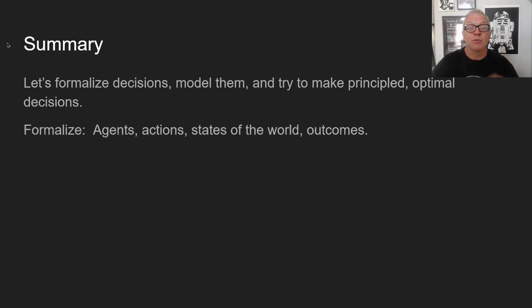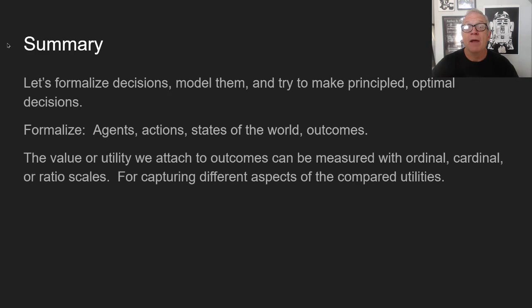So we're going to formalize with agents, actions, states of the world, and outcomes. That's how we're going to draw those matrices. And the value of utility, or utility we attach to outcomes, can be measured with different scales. Ordinal and cardinal will be the ones we'll typically use. And that's it. That's Peterson's chapter 2 to get us set up.